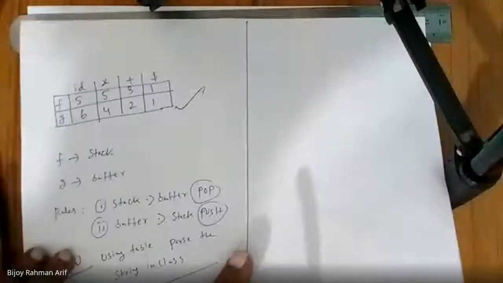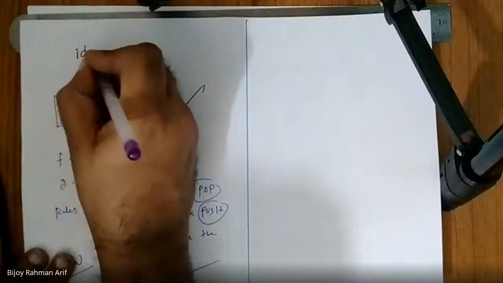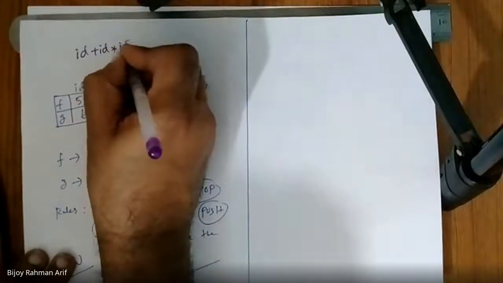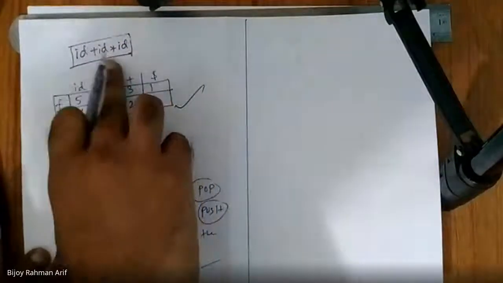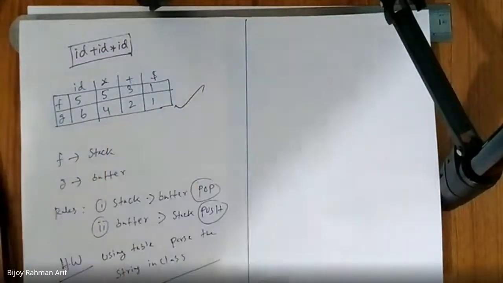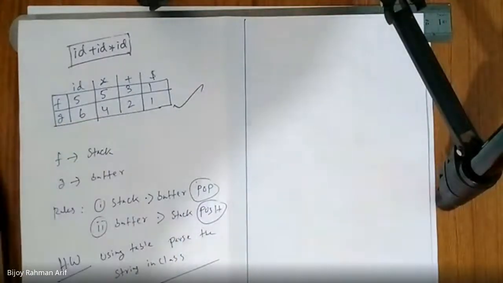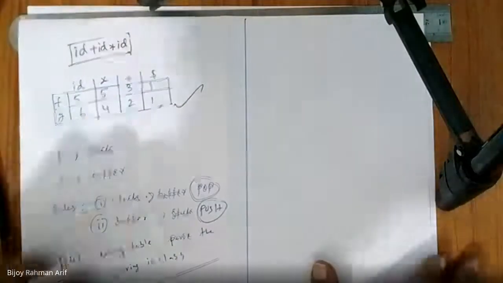Just write down these two, because it might take time to upload. Why don't you draw your own table, try to come up with your own table, then create your own graph, then check whether this is correct or not. Then parse the string, okay?